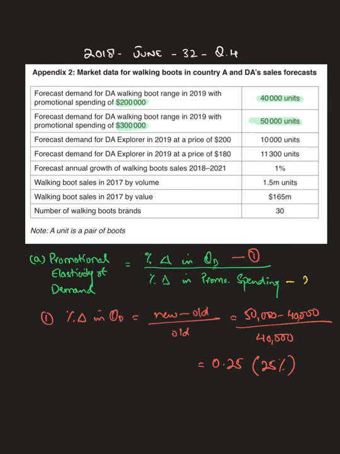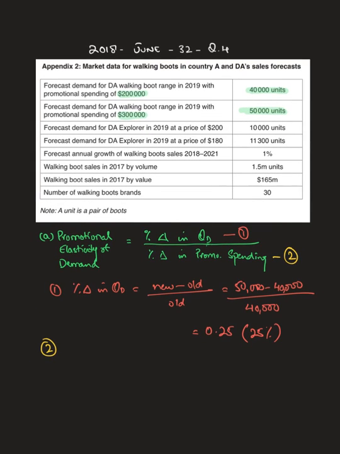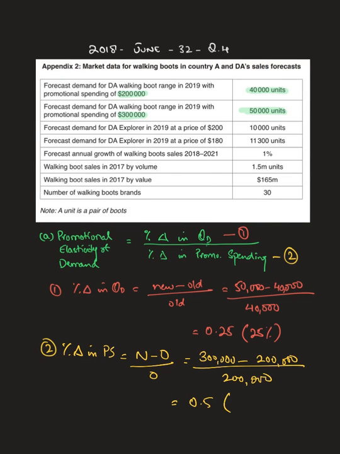The percentage change in promotional spending is again new minus old divided by old. So the new spending is 300,000 minus 200,000, the old spending, divided by old 200,000. When you solve for this, it comes to 0.5 or 50%.